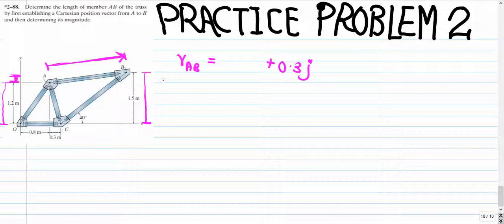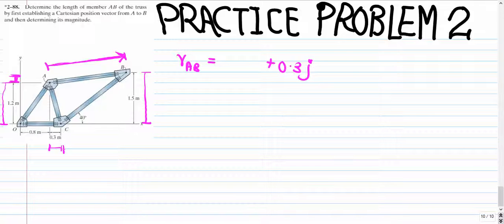Now to find the length component in the x direction, we will need to use some trigonometric identities. We can see that they have given us the length from this point to this point, which is 0.3.